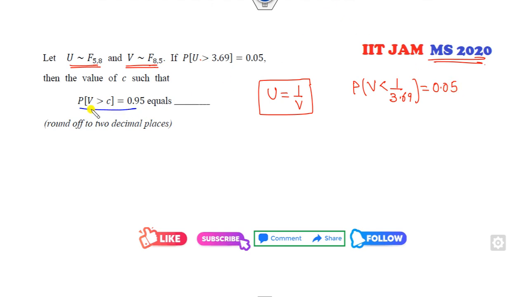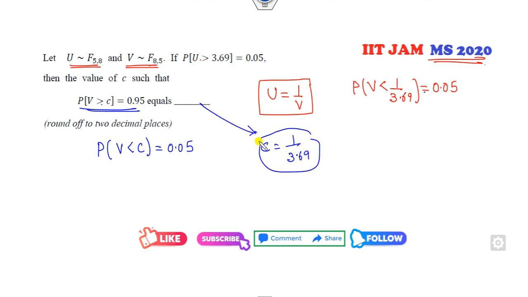Then this is greater than, so I can convert into the less than sign, this is less than C is my 0.05. Now if you compare them, C will be 1 over 3.69, the right answer of the problem. And you can see how many seconds you need to solve the problem. You just need 10 to 15 seconds. And that much time you need to comment and like on my video as well.